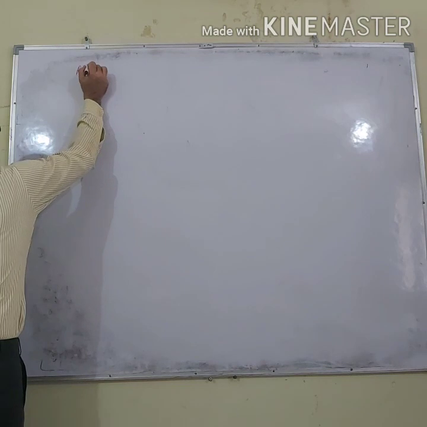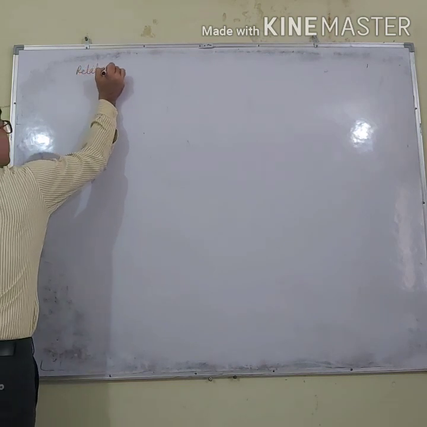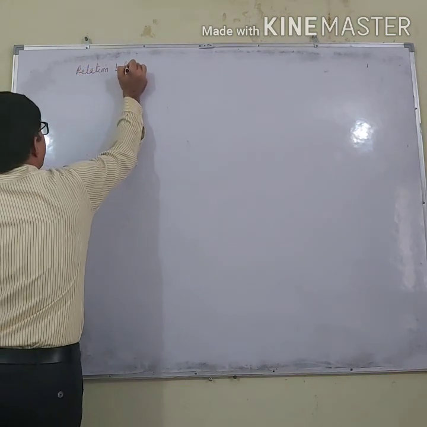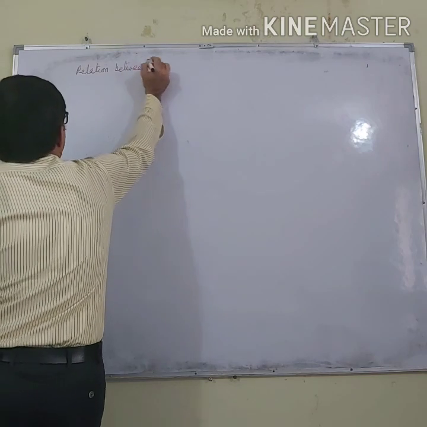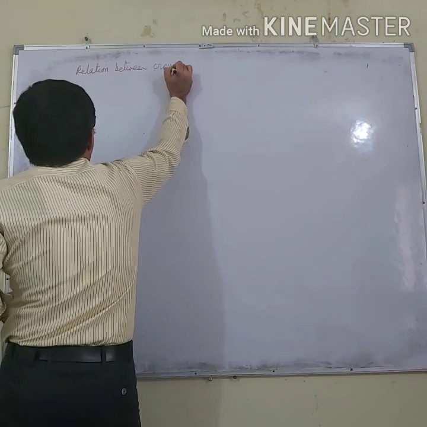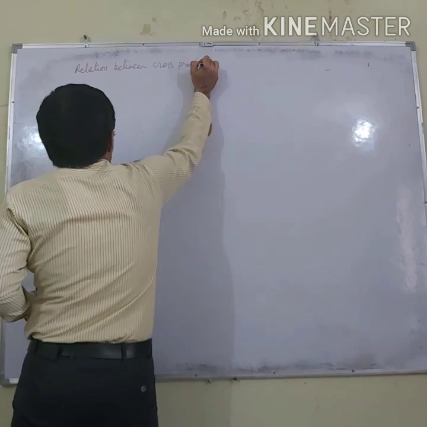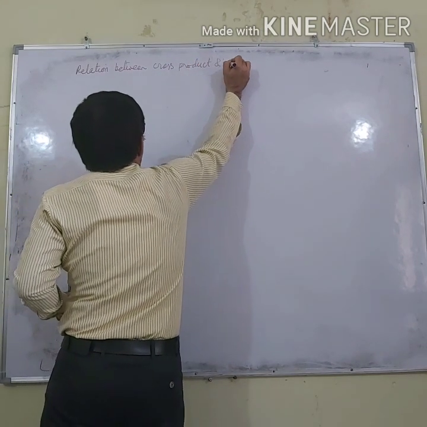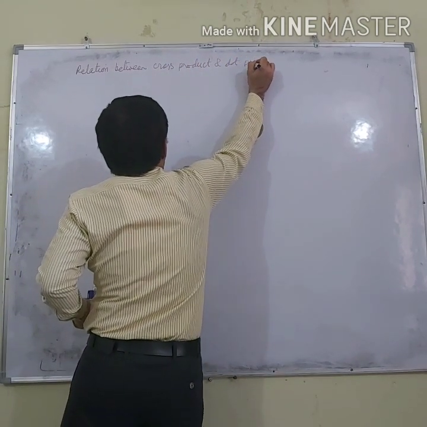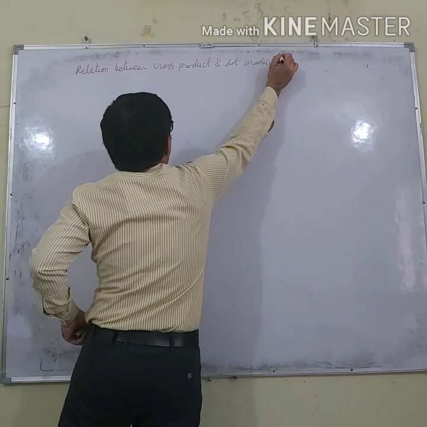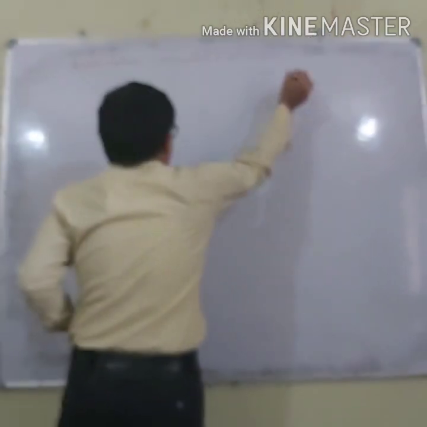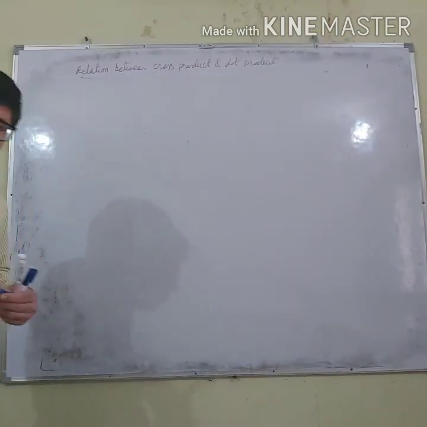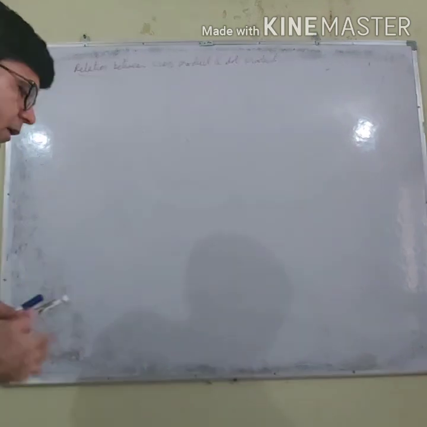Relation between cross product and dot product. It is a very simple relation.